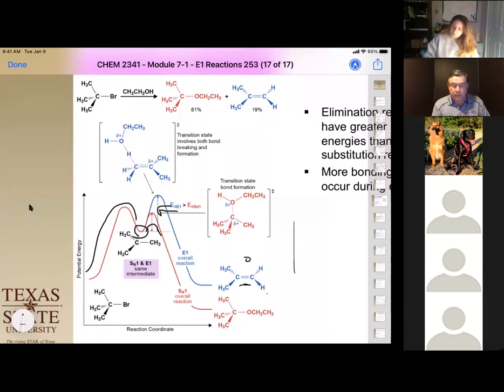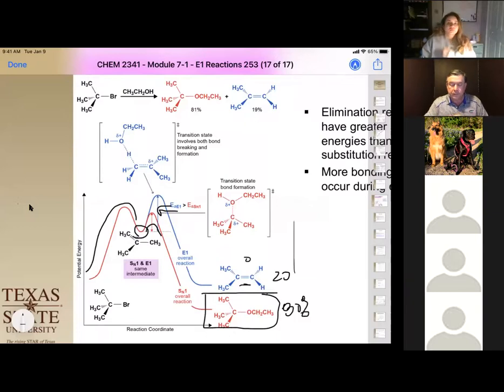But it's not, and therefore we end up with the less stable material being at the 20% and the substitution product being at 80%, or about.